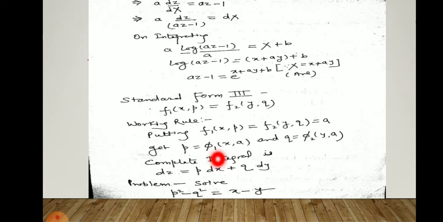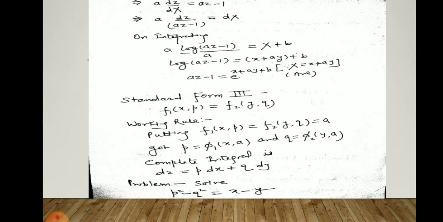Putting the value of p, we get dz is equal to phi 1(x, a) dx plus phi 2(y, a) dy, and so z is equal to the integration of phi 1(x, a) dx plus phi 2(y, a) dy plus b.